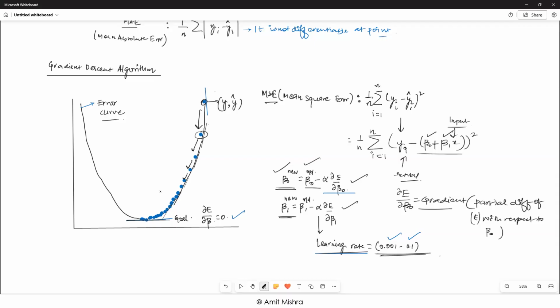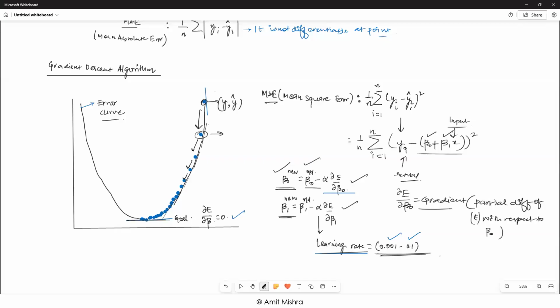Now, every point of this ball placement is basically minimizing the total error, which is also known as batch gradient descent. So what it does is basically minimize the overall value, or sum of residuals.